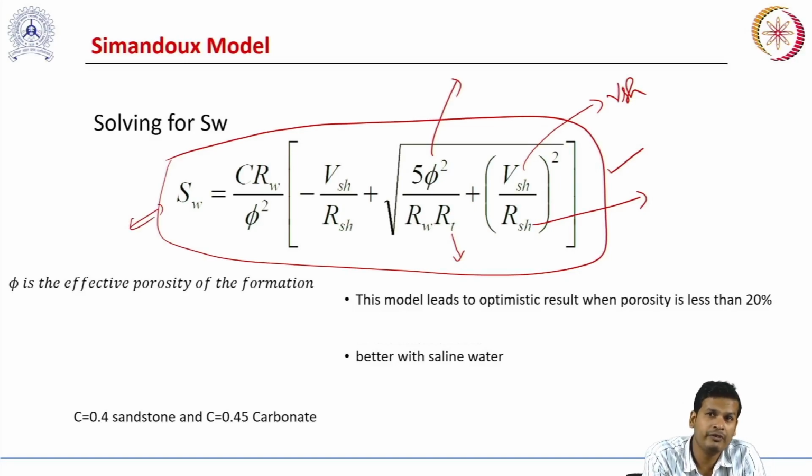If you put Vsh equal to 0, that means we have a clean reservoir, then this equation will change to our classical Archie equation to calculate the formation water saturation in a clean reservoir. Regarding applicability, as I mentioned earlier, this model generally works better when we have saline formation water. Generally this model has been observed to give very optimistic results when the porosity is less than 20%.